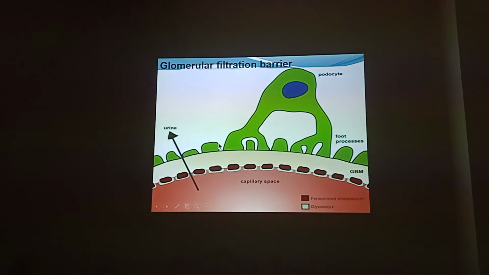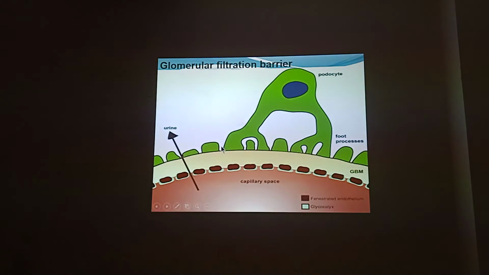And this space is the filtration slit. So three components unite to form the glomerular filtration barrier. First, the capillary endothelium. Second, the common basement membrane of the capillary endothelium and podocyte. Third, the filtration slit in between the podocytes.